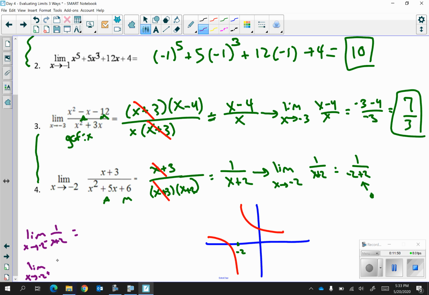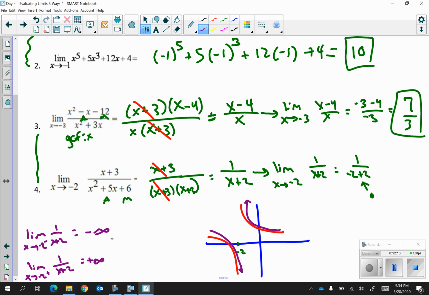You want to come from the left and the right, like in the previous video. So from the negatives, coming from the left, we head downwards. So I'm going to write negative infinity. Coming from the positives, going right to left, we're heading upwards, which is positive infinity.